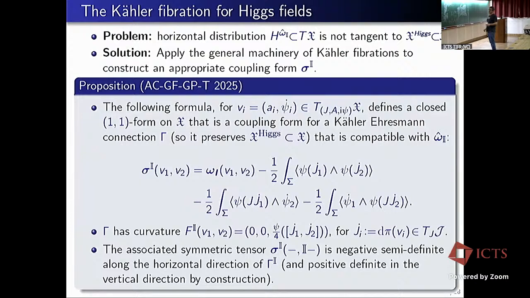This is the formula. Now it makes sense. Okay, but the point is, when J dot is 0, these three terms vanish, and you get the original symplectic structure.